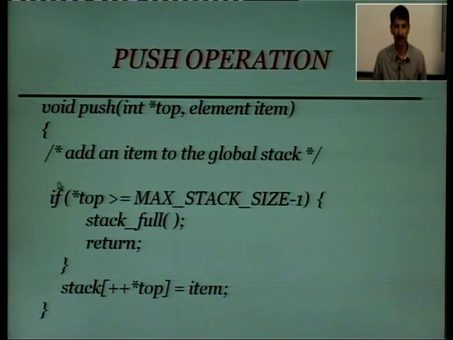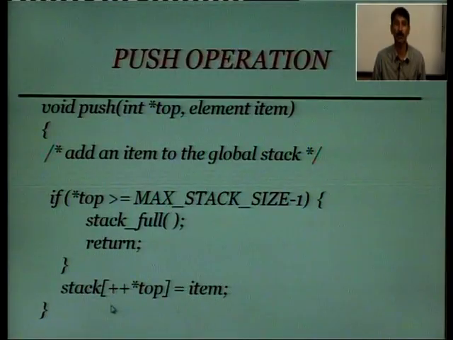Whenever you want to push, I must check whether the stack is full or not. The condition is very simple: is top greater than maximum stack size -1? If it is, it means the stack is full, so return; we cannot push the element on the stack.